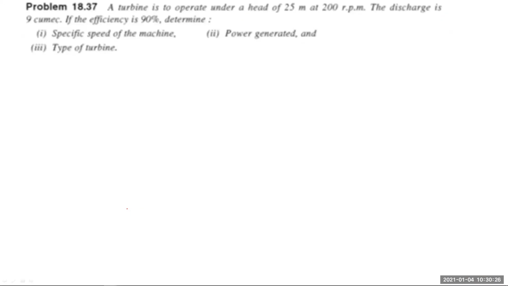You can see on your screen the numerical. A turbine is to operate under a head of 25 meter, so head H is given as 25 meter, at 200 rpm, N is given as 200 revolutions per minute.